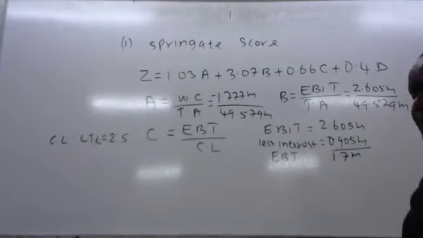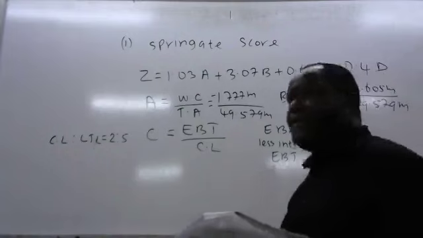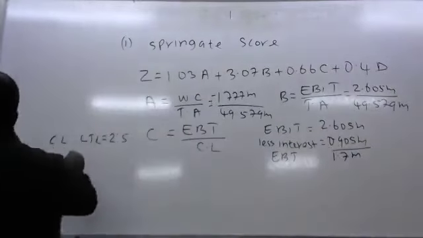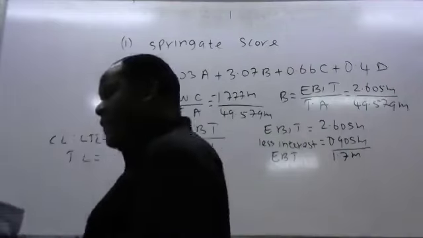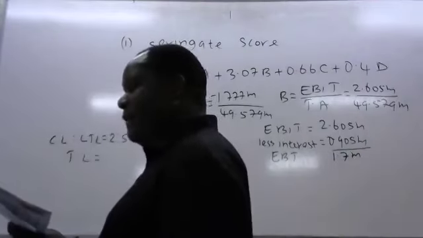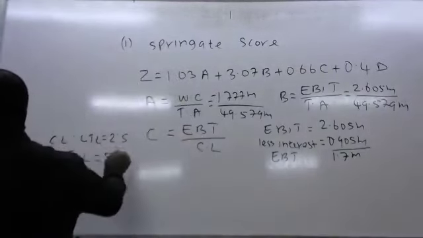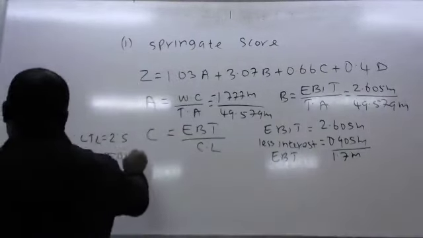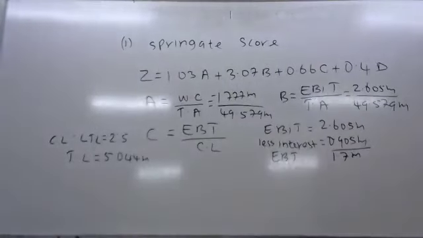Then the question has given me the total liabilities. Are you able to see the total liabilities? A figure of 5.044 million has been given. That is the total liability.